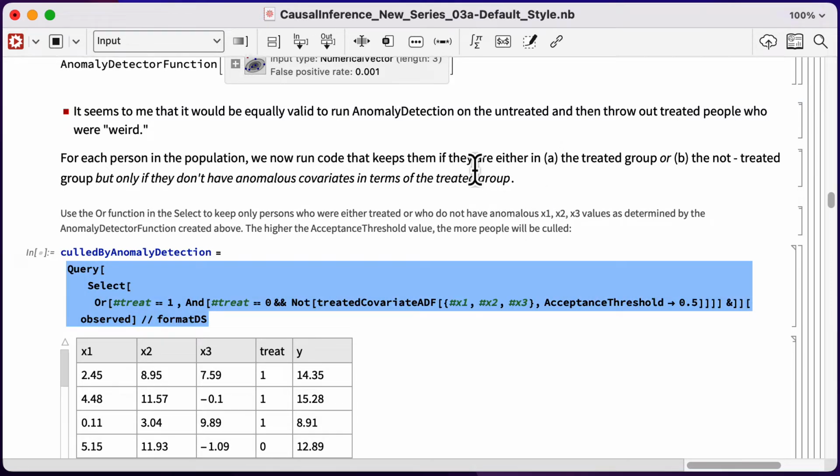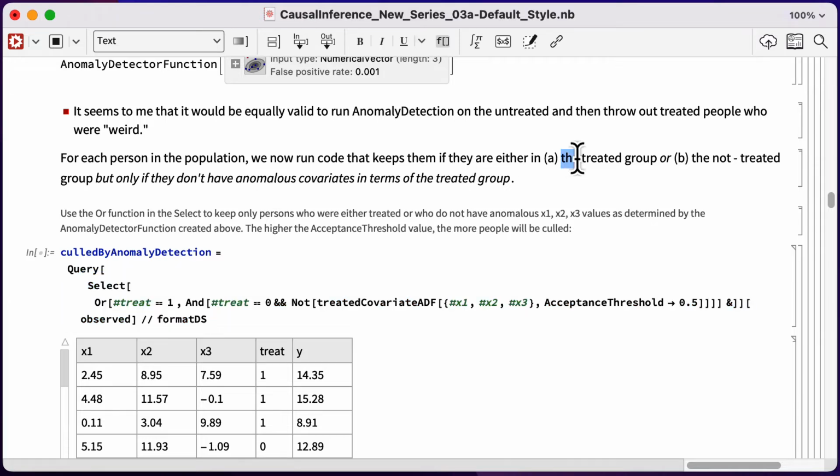We're only going to keep people if they're in the treatment group, or they're in the non-treatment control group, but then only if they don't have anomalous covariates in terms of the treated group. So we'll keep the treated people, and we're going to start to throw people out in the control group when those people don't look like anybody in the treated group. And that's what this code is attempting to do.